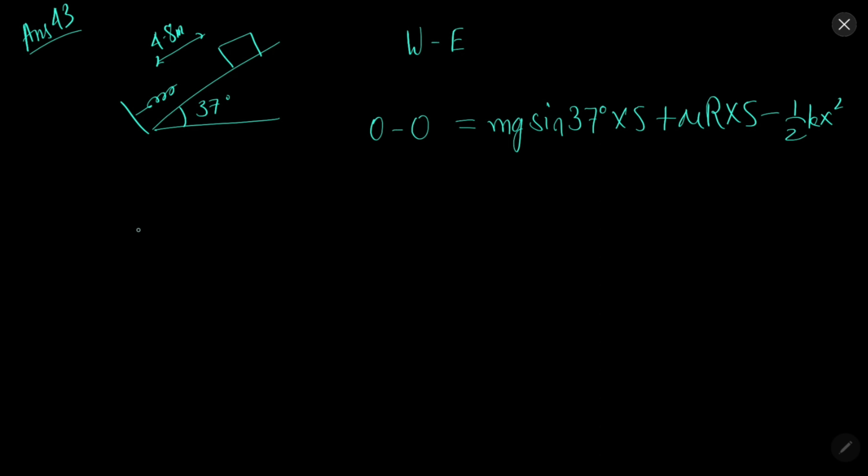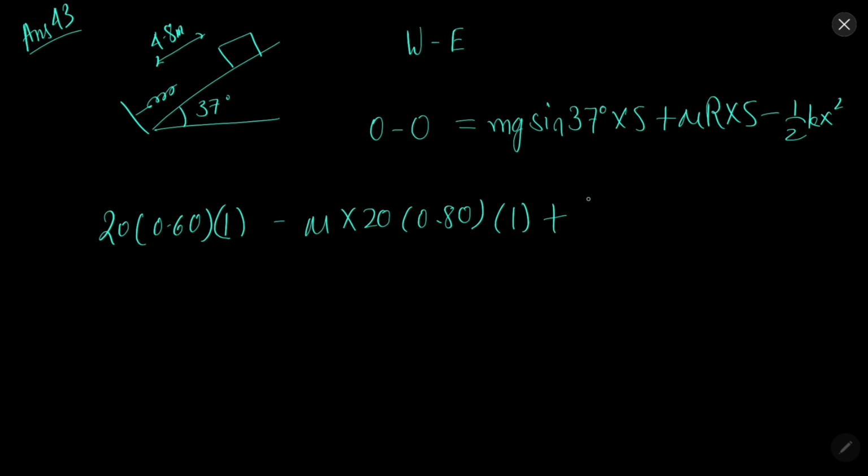So simplifying all this and putting all the values, 20.601 minus mu into 20.80 into 1 plus half, it should be like this, otherwise you will get confused in this displacement.